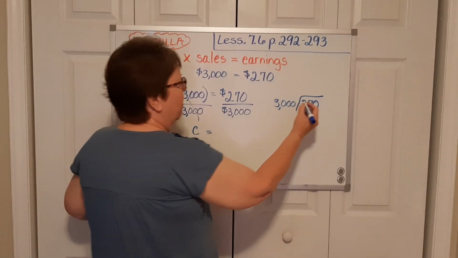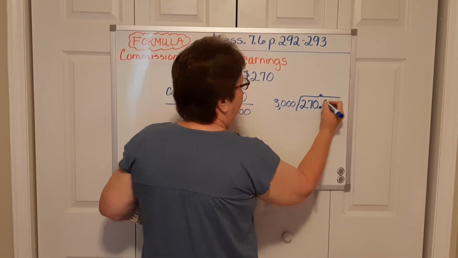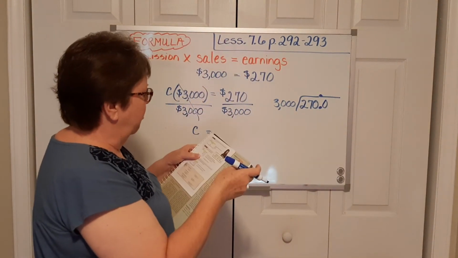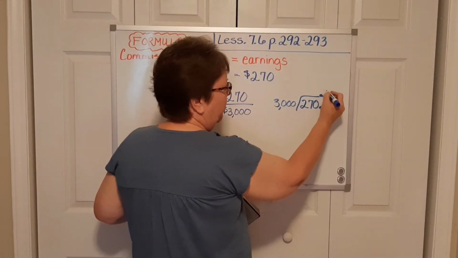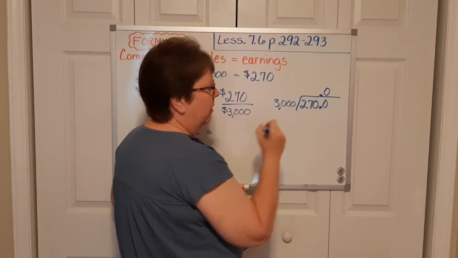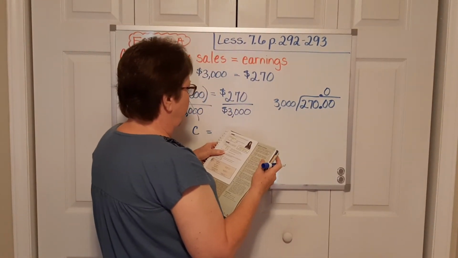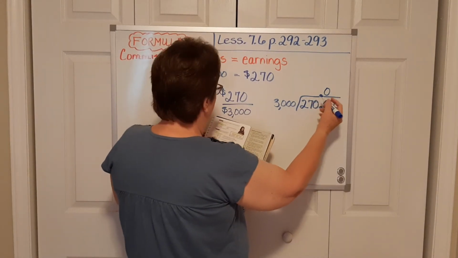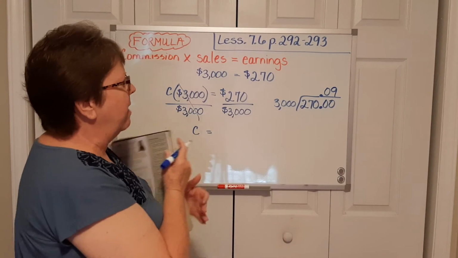But remember, what you have to do then is add a decimal point and a 0. And as you look, it still won't go into 2,700, so we had to put a 0. Let's add another 0. And if you end up dividing correctly, you'll get a 9. And that will come out even.